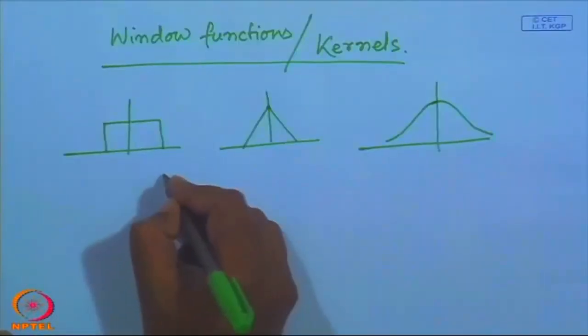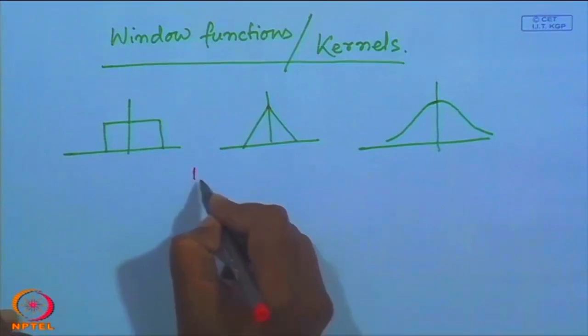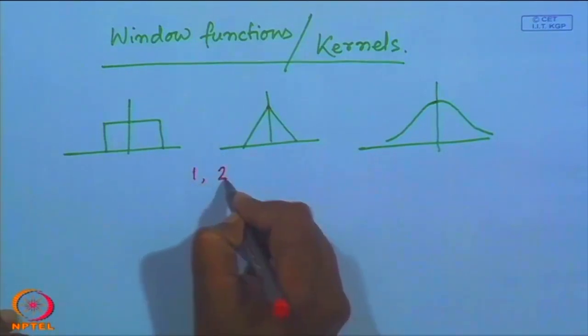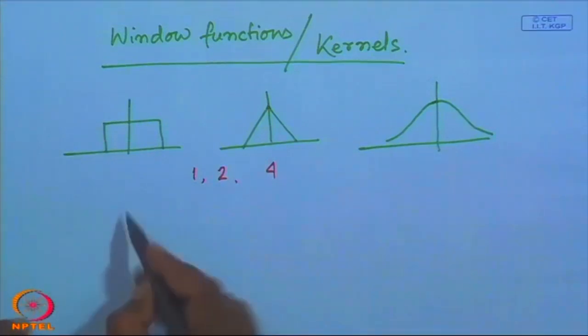So you find that over here, when I have 3 samples at locations 1, 2 and 4, the situation was something like this.